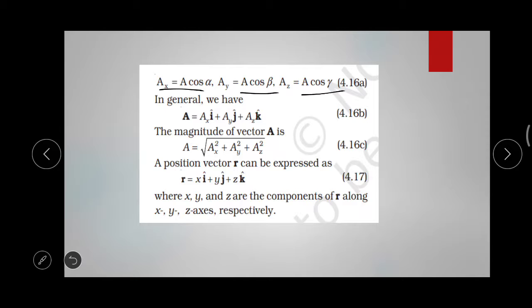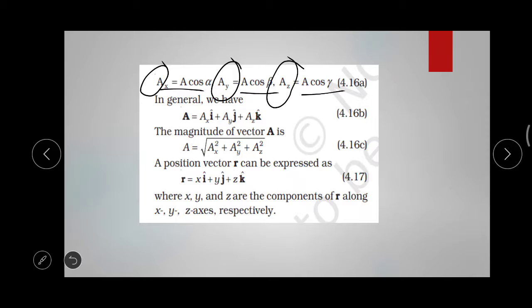So the magnitudes of the components of vector A are Ax along the x axis, Ay along the y axis and Az along the z axis. You can see that these are magnitudes, scalar quantities only. If you multiply them with the unit vector, you will get the vector value with both direction and magnitude.